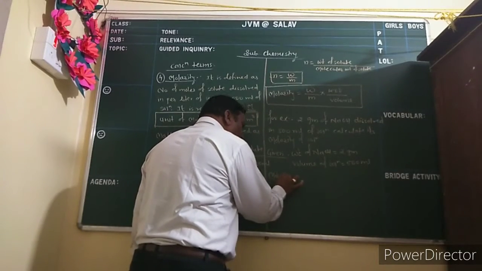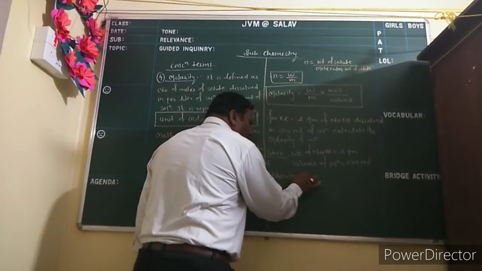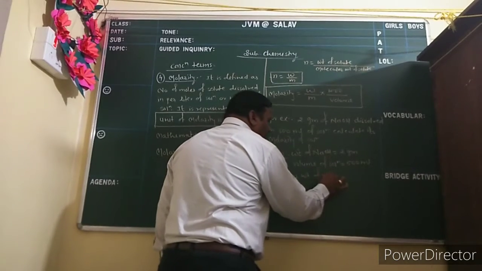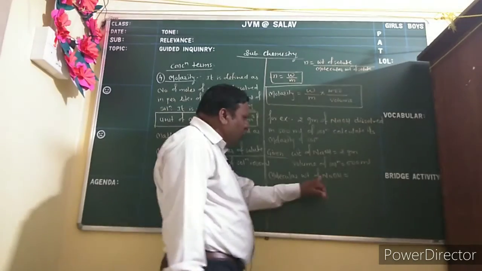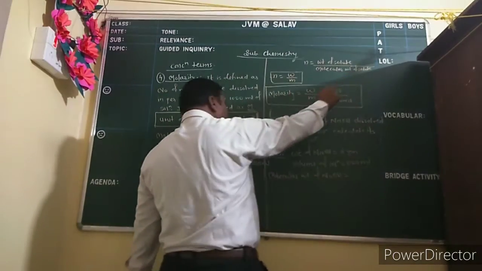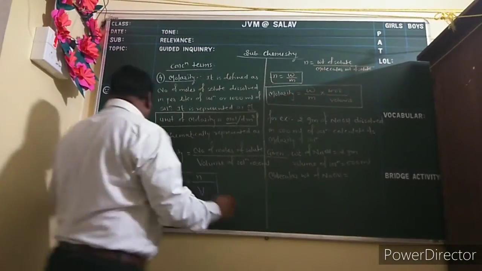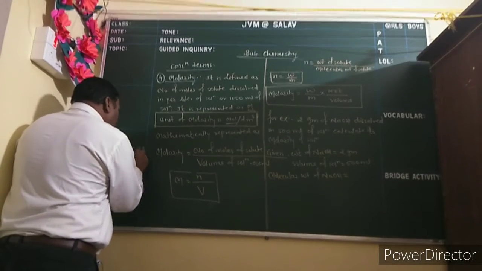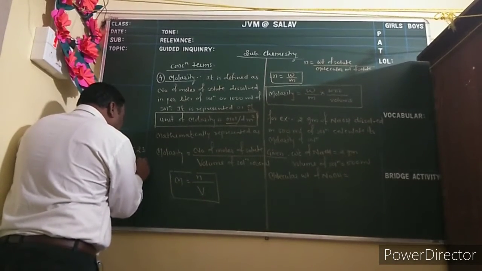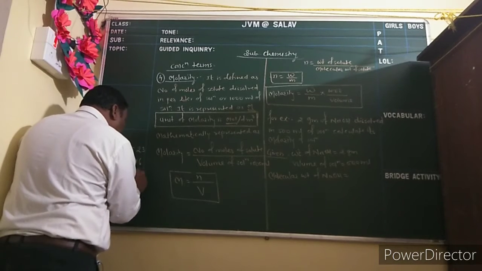Then the molecular weight of NaOH is not given but you have to calculate it. You know sodium atomic mass is 23, oxygen 16, hydrogen 1.